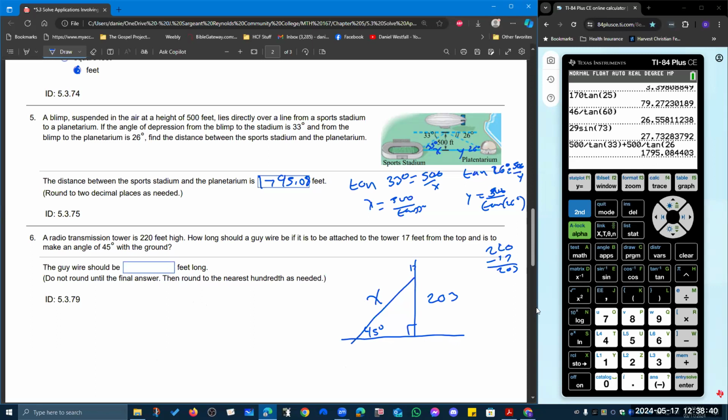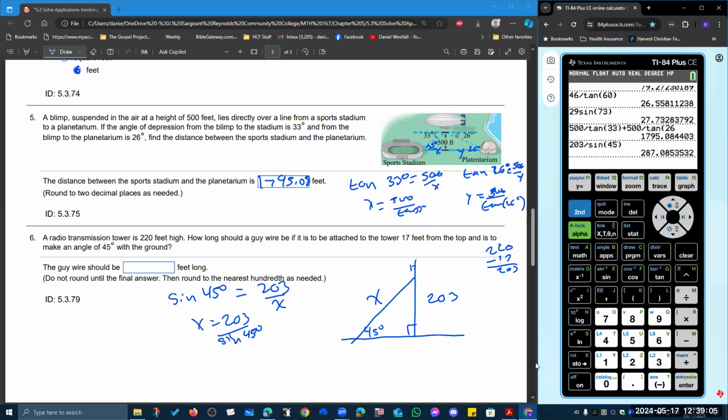So sine of 45 degrees is equal to 203 over x. x equals 203 divided by sine 45 degrees. It's about 287.09.